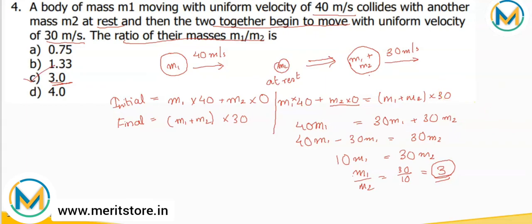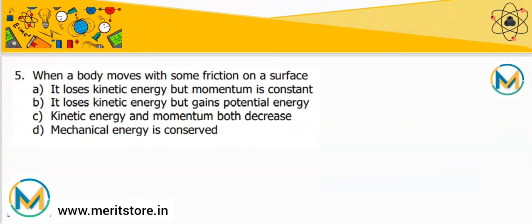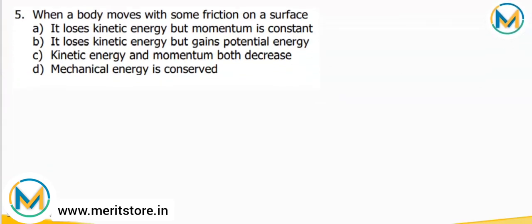Looking towards the last question: when a body moves with some friction on a surface, either it will lose kinetic energy but momentum is constant, or it will lose kinetic energy but gain potential energy, or the kinetic energy and the momentum both will decrease, or the mechanical energy is conserved. We know that friction is a non-conservative external force to the system.